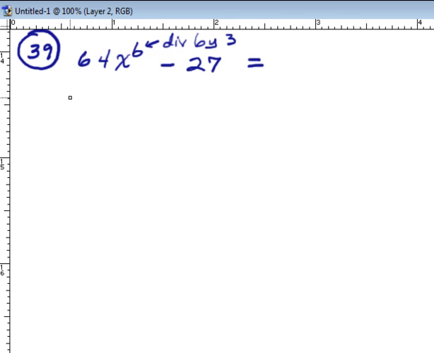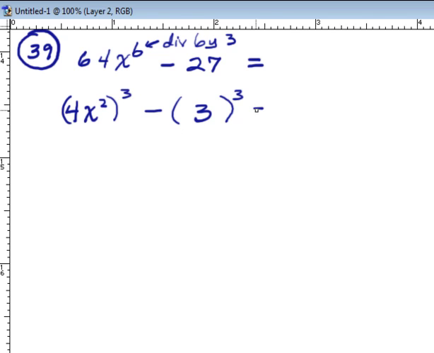So let's write this as a difference of two cubes, like this. 4 cubed is 64, so we put a 4 here. And for x to the 6, we divide the 6 by 3 and get 2, so we put an x squared in here. And here we put 3. Just check that: 4 cubed is 64, and x squared cubed is x to the 6.